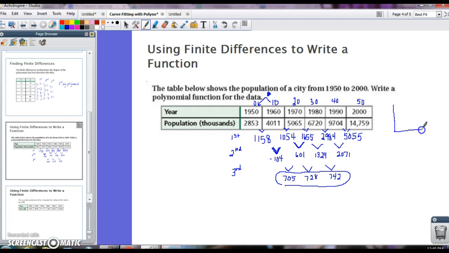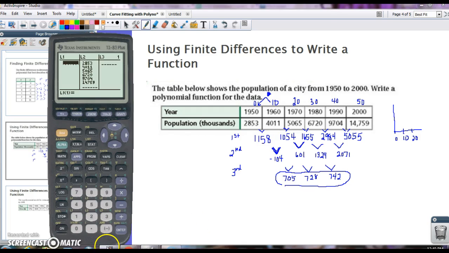When you draw a scatter plot, you want to start here. This would be year 0. And then the next one is 10 years after that. The next one is 20 years after that. So that's how we're going to label those values in our calculator. So I'm going to put in 0, 10, 20, 30, 40, and 50.